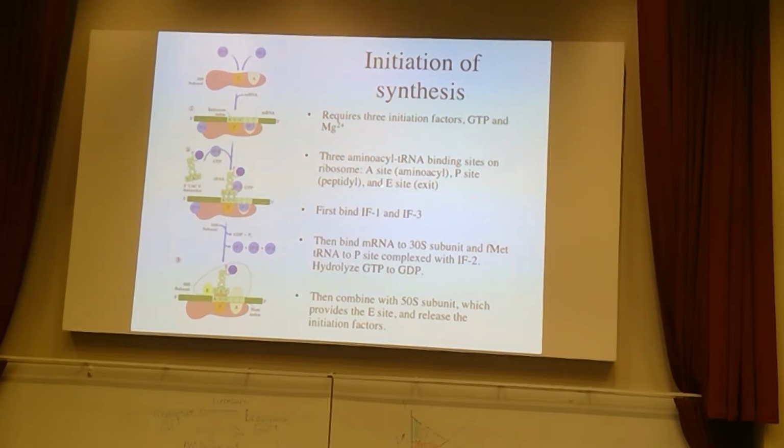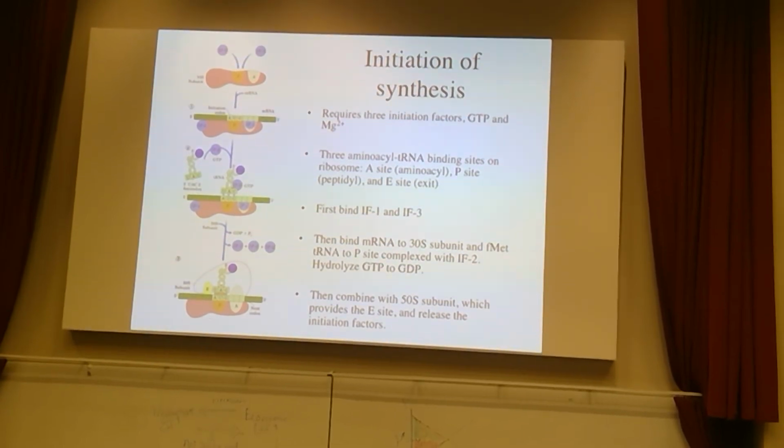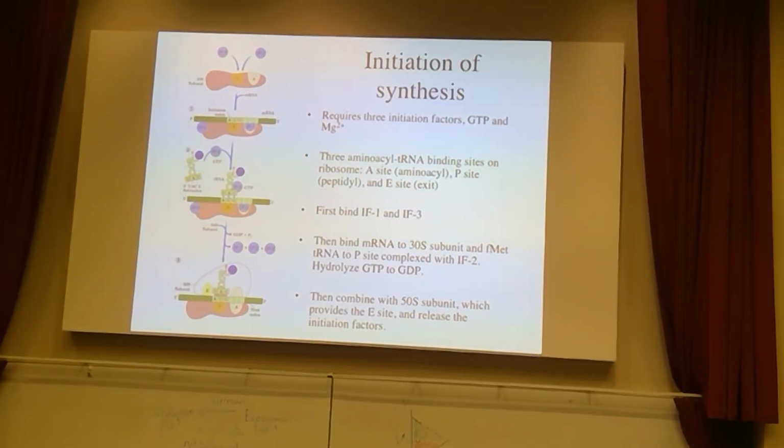There is an A site, that stands for an aminoacyl site, a P site, which stands for a peptidyl site, and an E site, which isn't really depicted here because we don't properly form the E site until we bring in the large subunit. We just see it develop right down here at the E site.